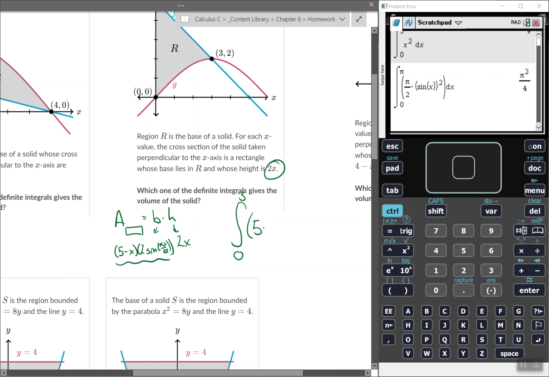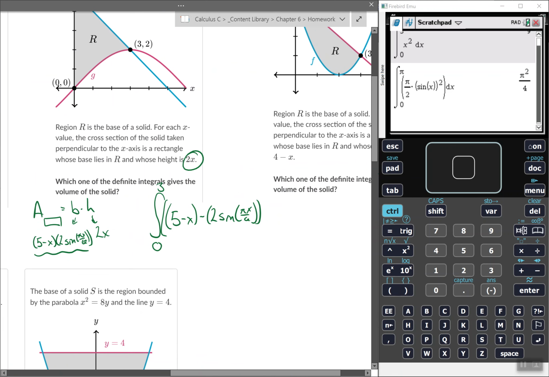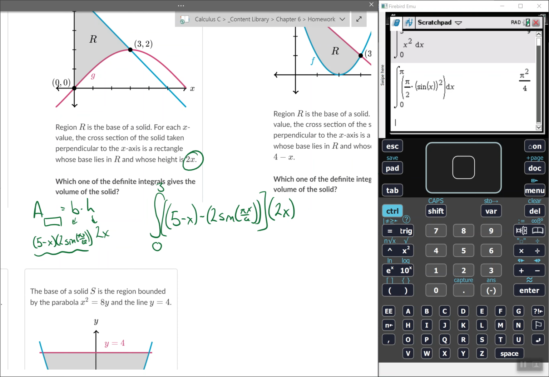So 5 minus x minus 2 sine pi x over 6. I wrote that wrong the first time, hopefully that didn't mess anybody up. So that's the base, times the height, which is 2x. So it's a lot going on there. Again, not a nice integral to have to do by hand, but we're not doing it by hand. We're going to use the calculator.